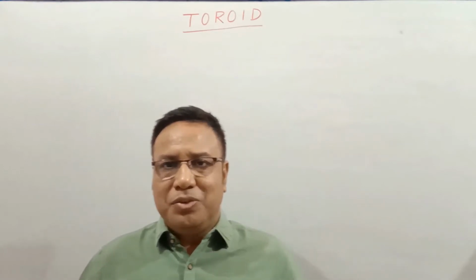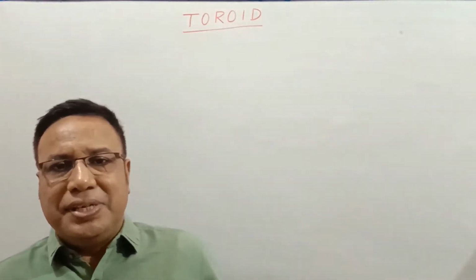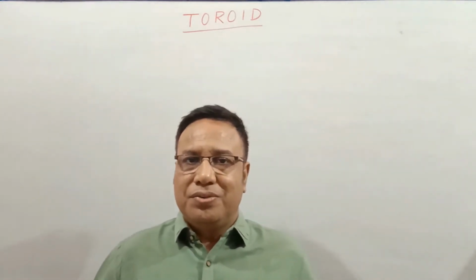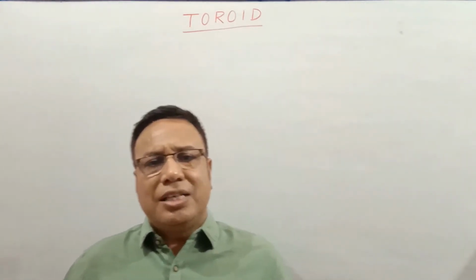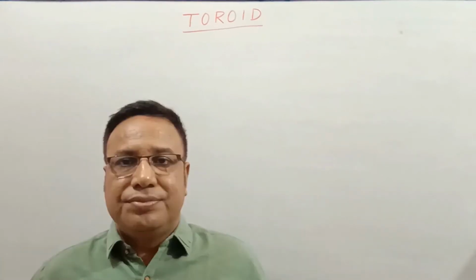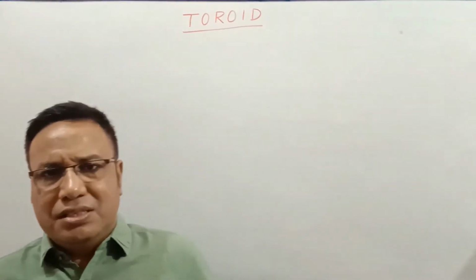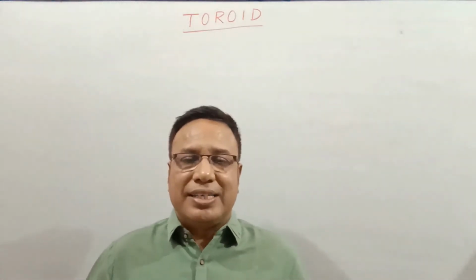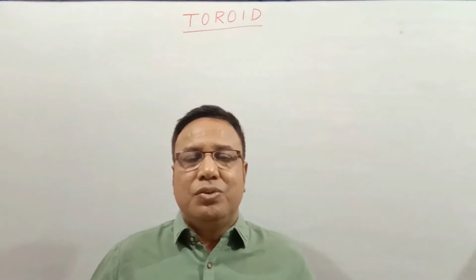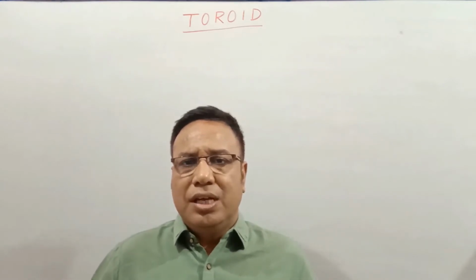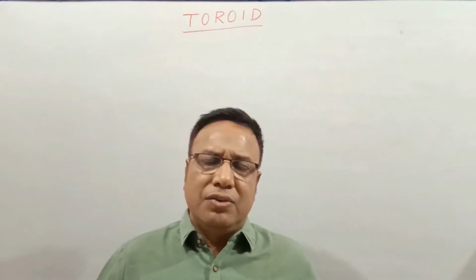Once again, we are going to continue the applications of Ampere's circuital law. You know that in the last two classes, we had finished two applications. The first one was determination of magnetic field due to an infinitely long current carrying wire.